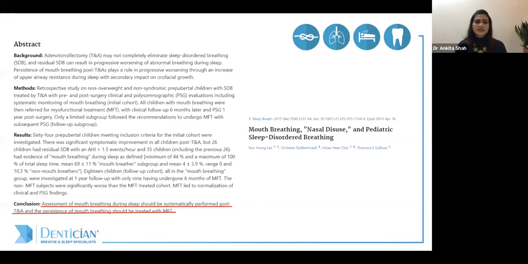They had been treated with orthodontics. A couple of them performed myofunctional therapy, a couple of them did not. And even when they did not perform, they were fairly decent through their daytime, but not during sleep. So we also need to start assessing mouth breathing during sleep, and not only through the daytime.